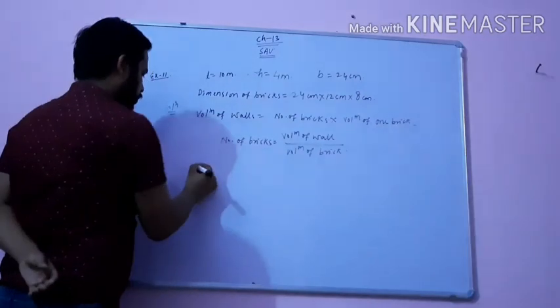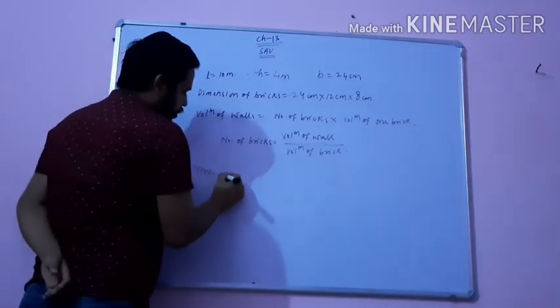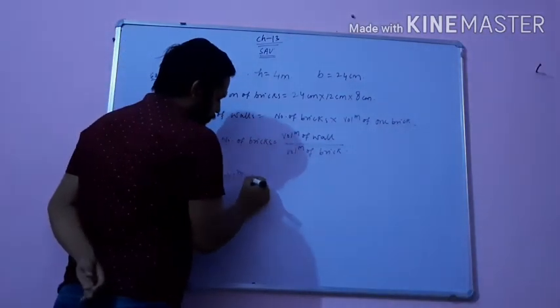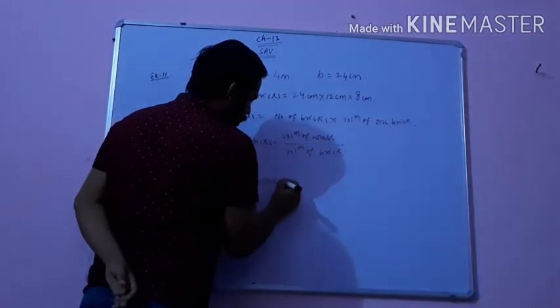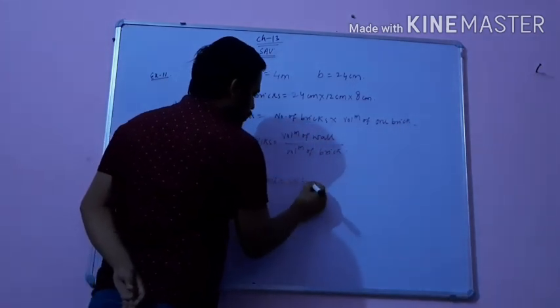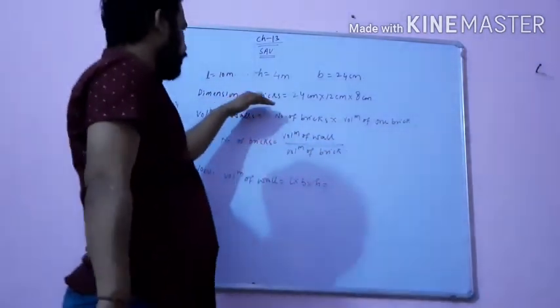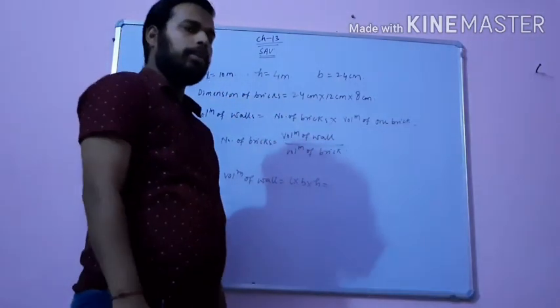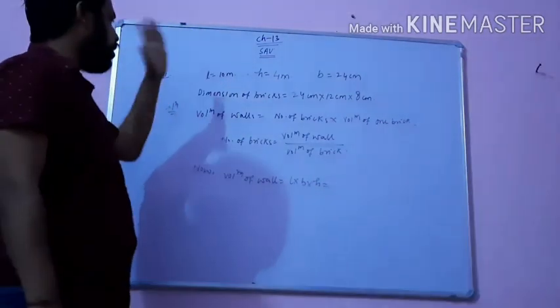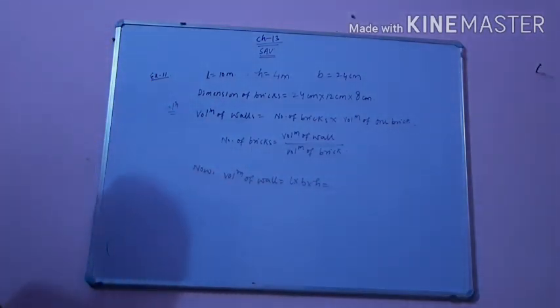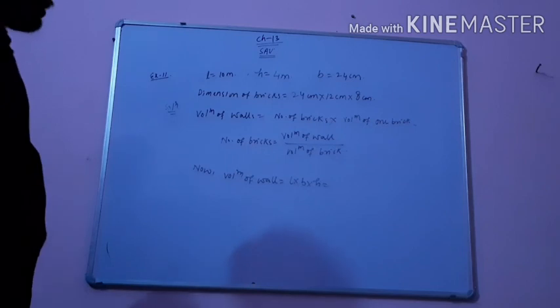Now the volume of the wall will be equal to L into B into H. Now let us see, here the dimensions of the bricks are given in centimeter. If we change the dimensions of the wall into centimeter, then it will be very easy to do the calculation.